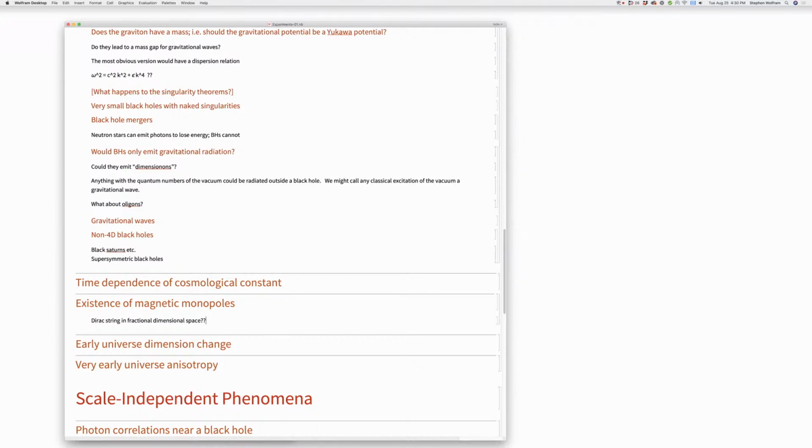It's not even obvious to me that the Maxwell equations in odd dimensional spacetime would have the same form. That depends on the homotopy groups, doesn't it? The presence of a Dirac string is related to the fact that, what is it, pi 2 of S1?